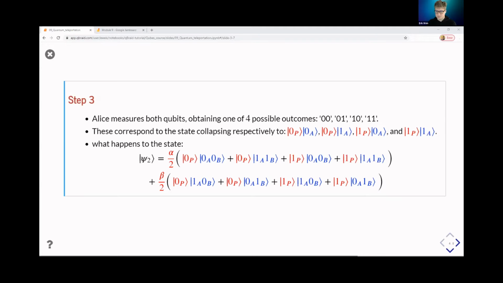That's right, Emily. The terms that will remain are the first 2 terms in each line. You can see that if I measure 0 on the first qubit, these last 2 terms are all 1 on the first qubit. So all those terms are going to disappear from the superposition. We've decided that those terms aren't possible.